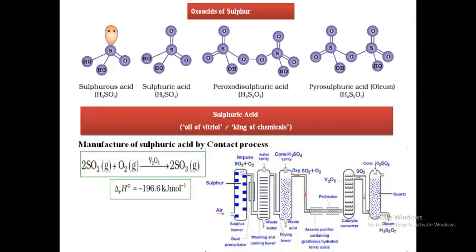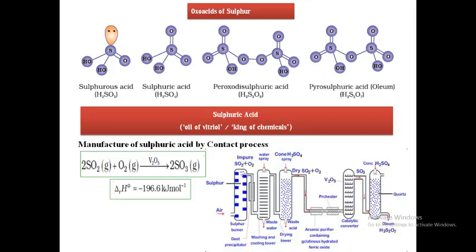Initially, the sulfur is injected into the sulfur burner where it is oxidized in the presence of air, and then it is subjected to the washing and cooling tower where it is washed using water spray. Then it is treated with concentrated sulfuric acid in order to dry the mixture of gas.